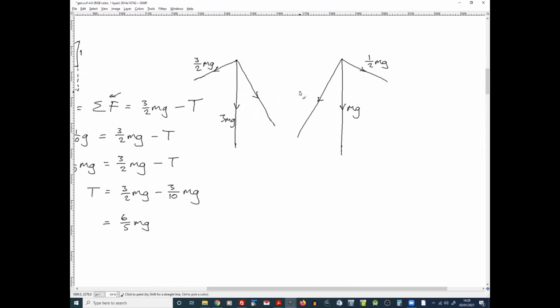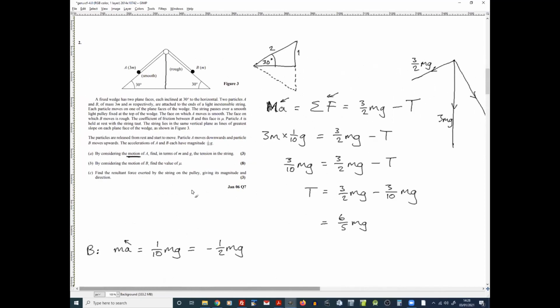So this will be root 3/2 mg. Because there are no other forces acting perpendicular to the slope, all the other forces are parallel, so zero component perpendicular to that. Therefore, that's going to be equal to the reaction.